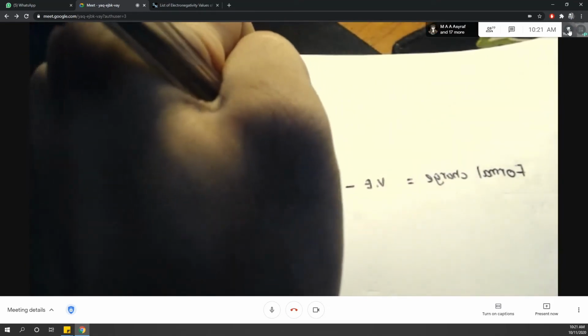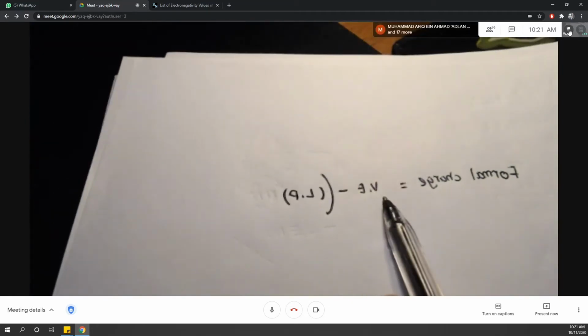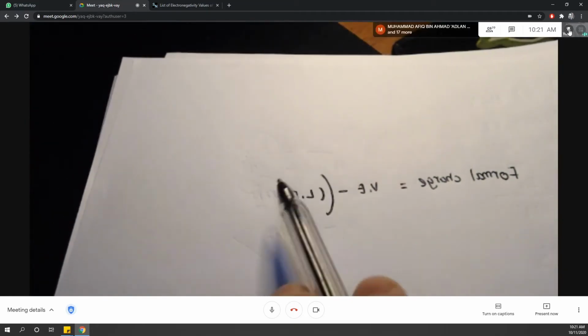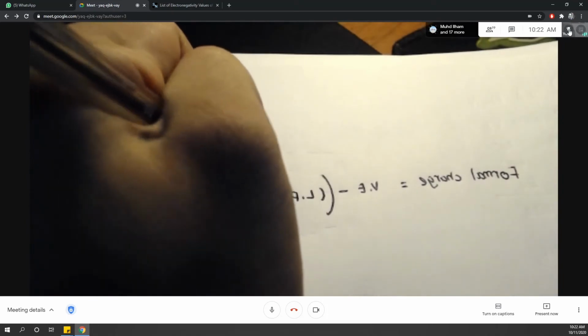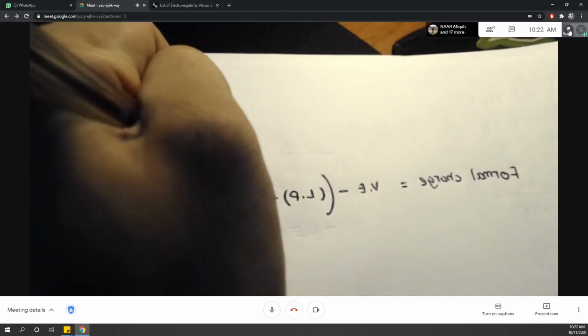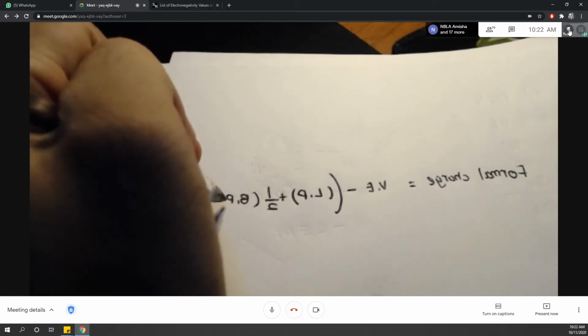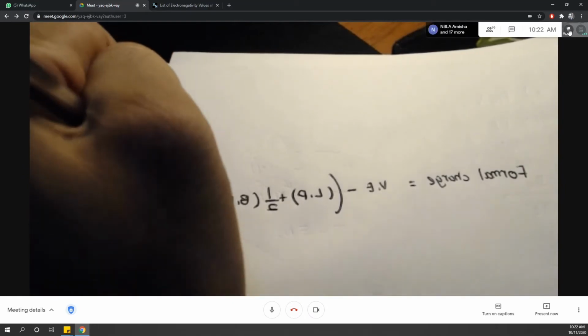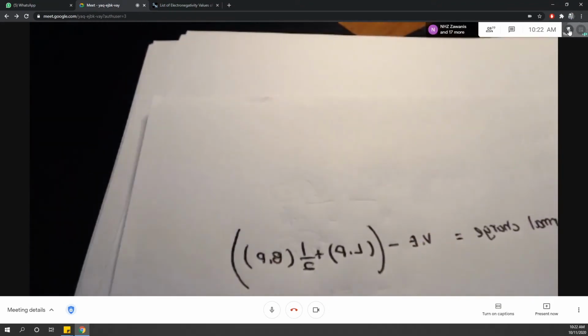So lone pair, saya buat short form. VE is valence electron, LP is lone pair, okay, plus half of the bonding pair electron. Okay, boleh.